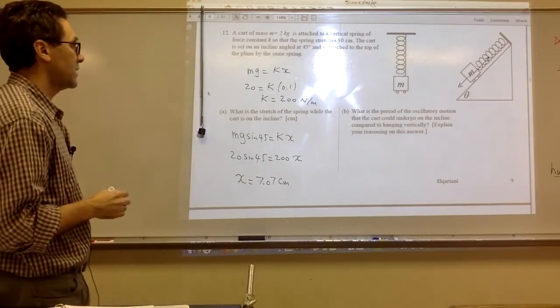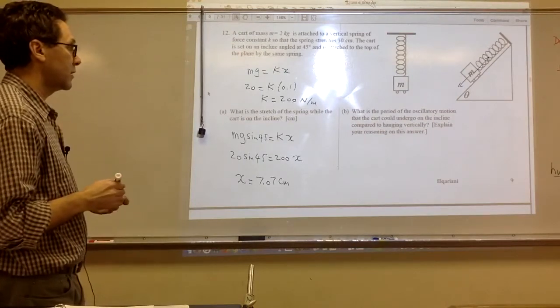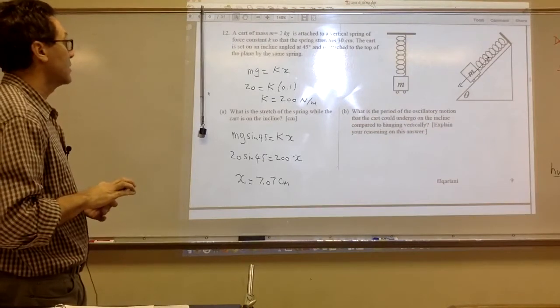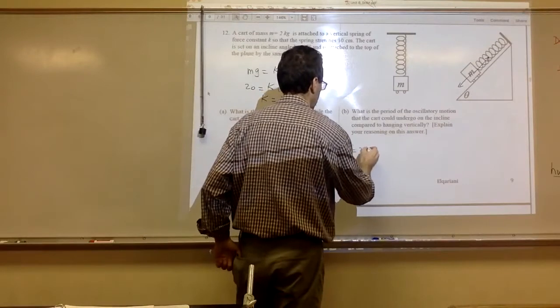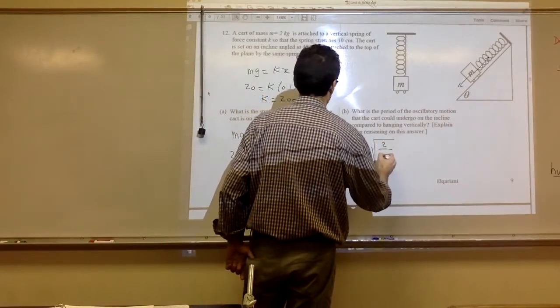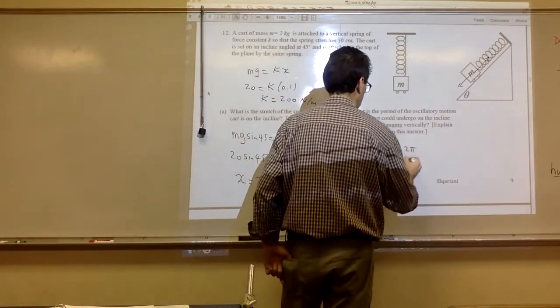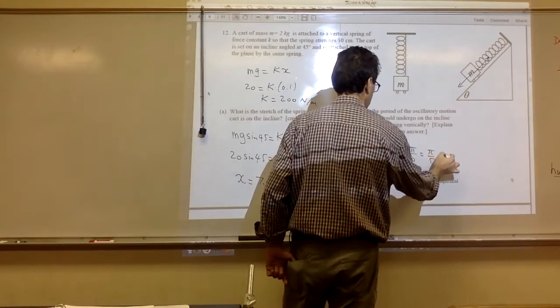What is the period of the oscillation motion that the cart would undergo on the incline compared to hanging vertically? I think the period will be the same. And that's going to be T equals 2 pi square root of m over k, which is going to be 2 pi over 10, so it's going to be pi over 5 seconds.